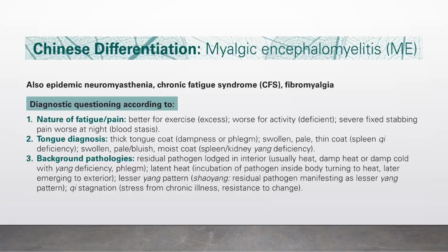Latent heat: there is incubation of pathogen inside the body, turning to heat, later emerging to the exterior. Lesser Yang pattern: Shaoyang residual pathogen manifesting as lesser Yang pattern. Qi stagnation: there is stress from chronic illness, resistance to change.